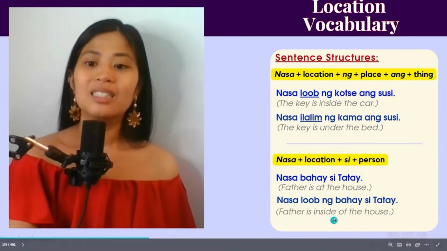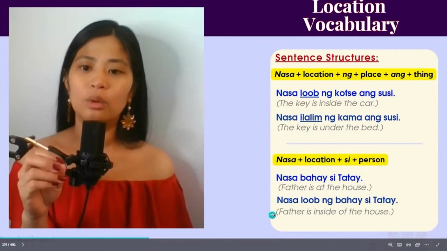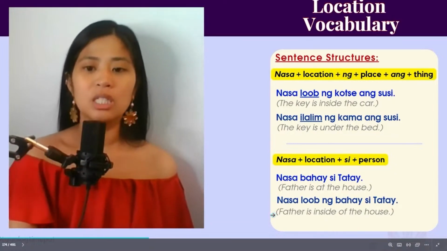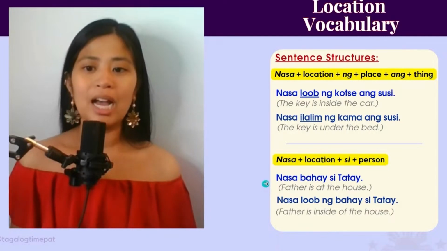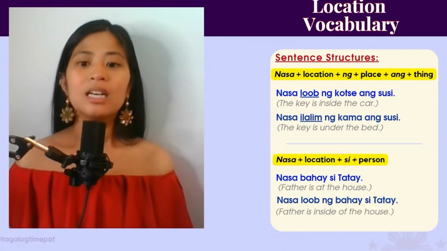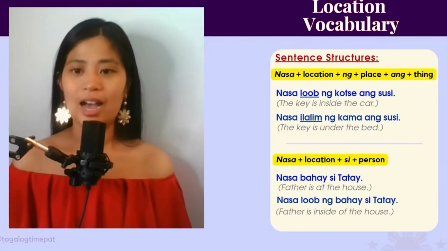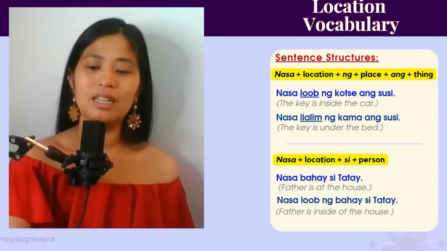The father is inside of the house. So there's the difference there when you're using a location vocabulary versus when you're not. So nasa bahay si tatay, father is at the house. Versus nasa loob ng bahay si tatay, father is inside of the house. Okay, so that's the difference there.